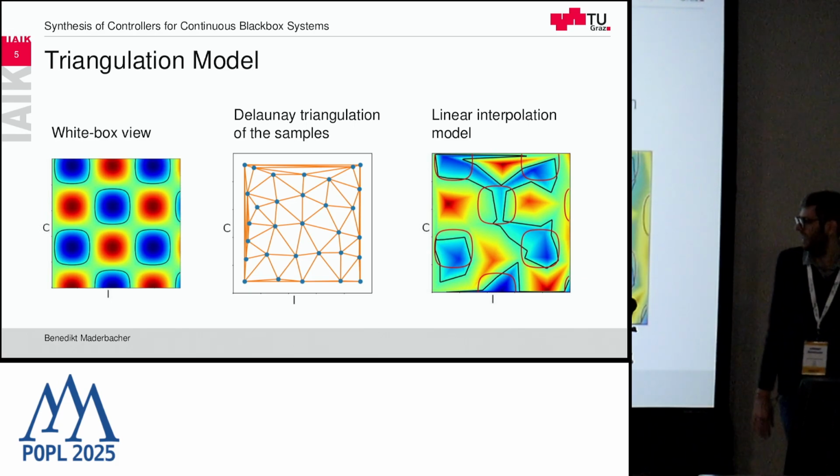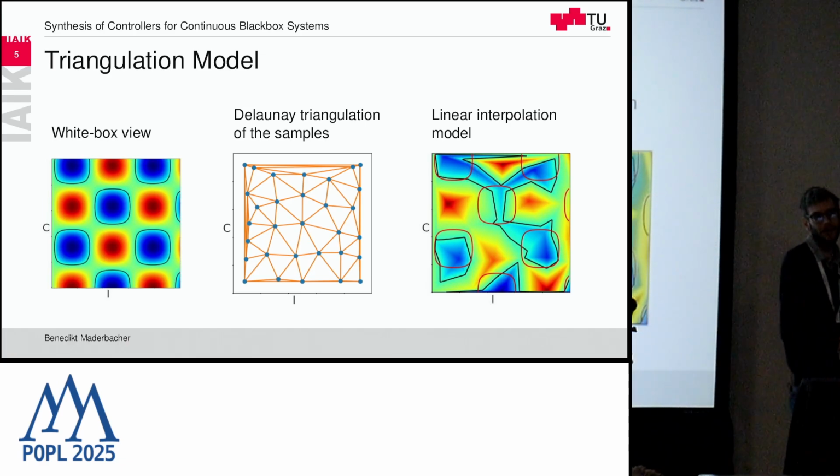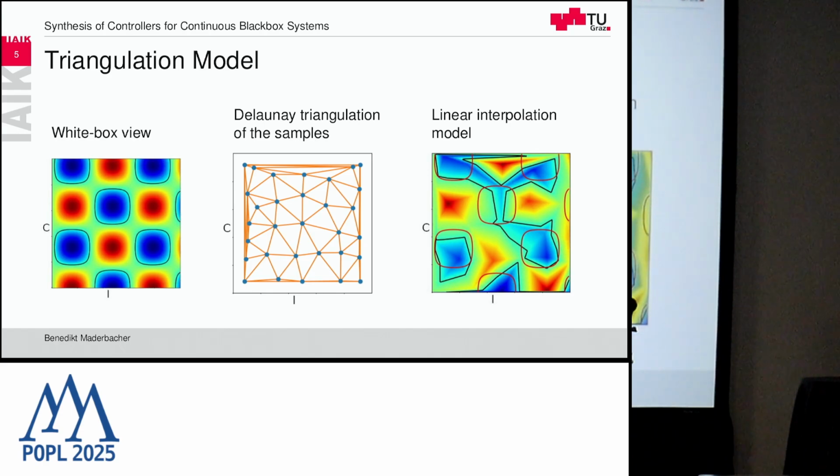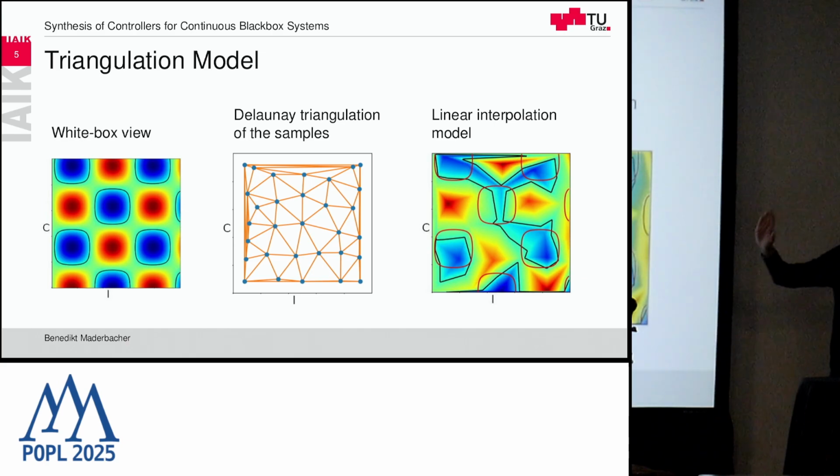We have the inputs on the x-axis and our controller inputs on the y-axis. The problem of finding this continuous control function in this two-dimensional case means we want a path that goes from the very left to the very right and assigns one control input to every input of this function.